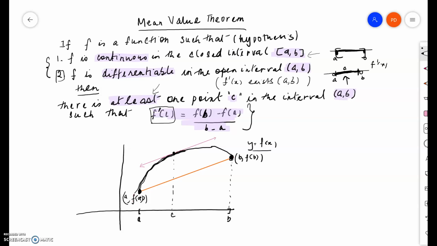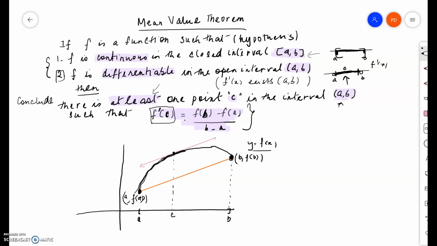Then we can conclude, so this is the conclusion, that there is at least one point within that interval (a, b) such that the derivative of the function at that point is equal to f of b minus f of a divided by b minus a.